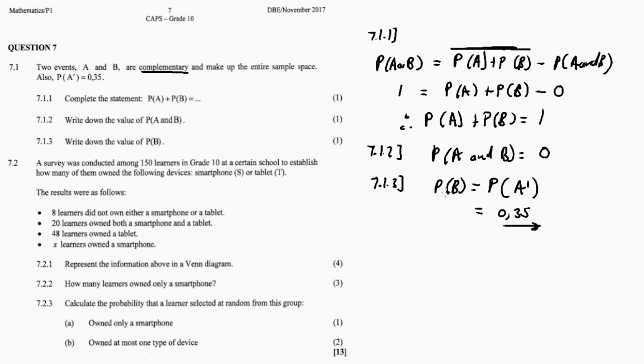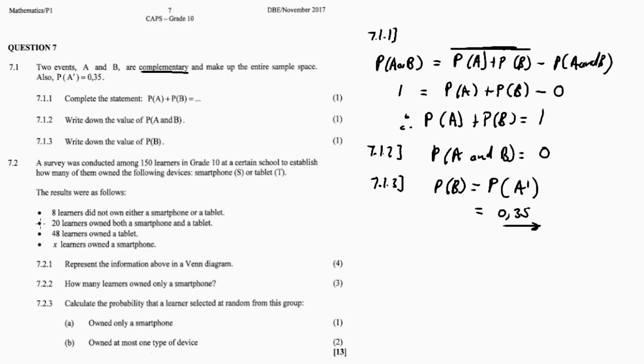During that survey, 8 learners did not own either a smartphone or a tablet. So 8 learners did not have any smartphone or a tablet.